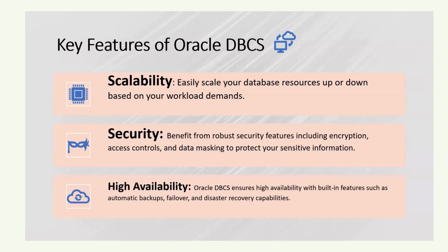The second feature is security, which allows you to enable encryption, access control, and data masking. So this is very important in modern infrastructure. The third feature is high availability, which gives the opportunity for automatic backup, failover, and disaster recovery capability.